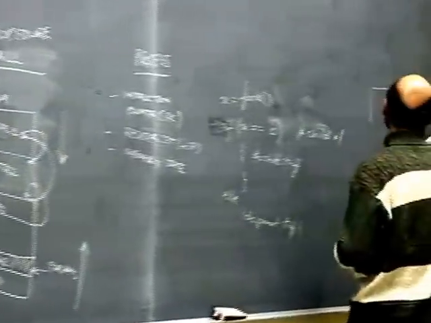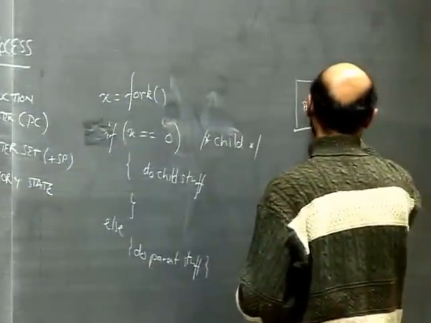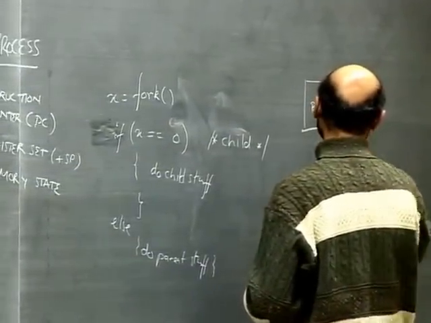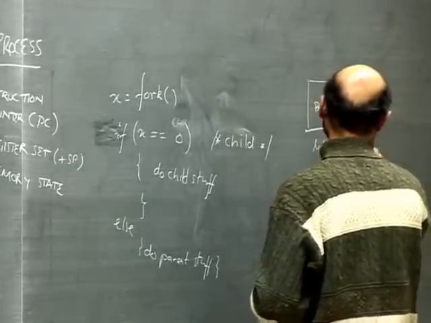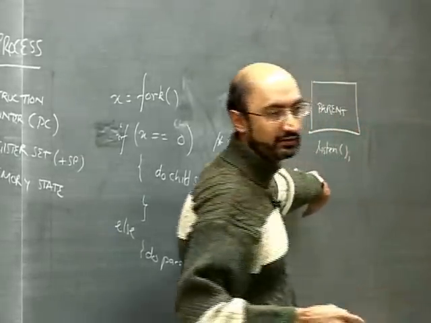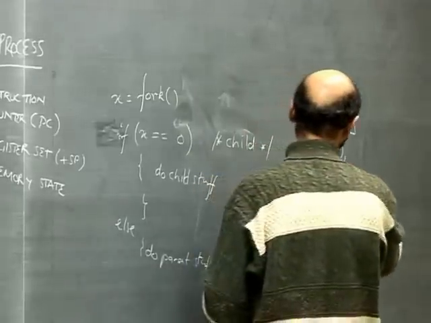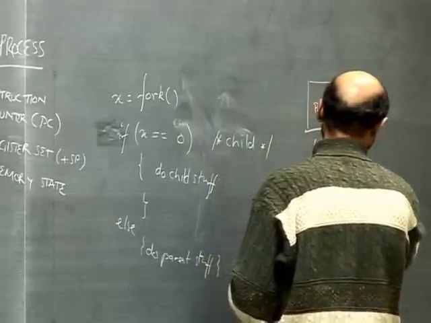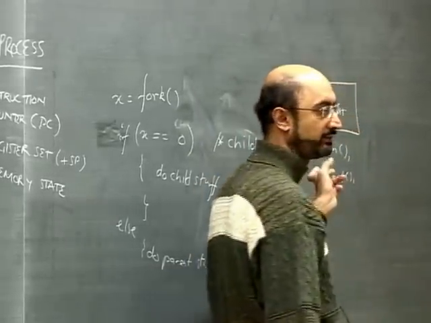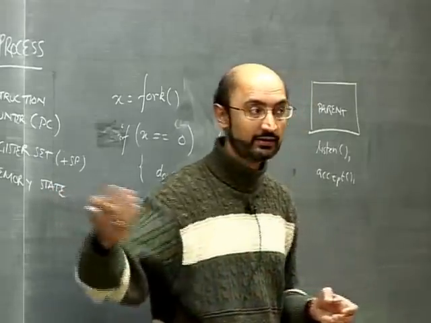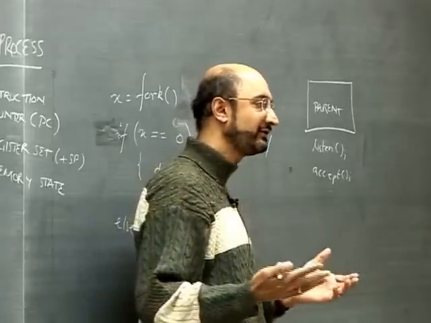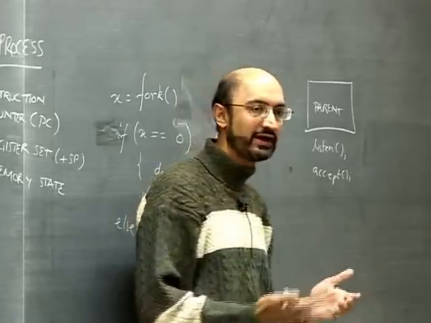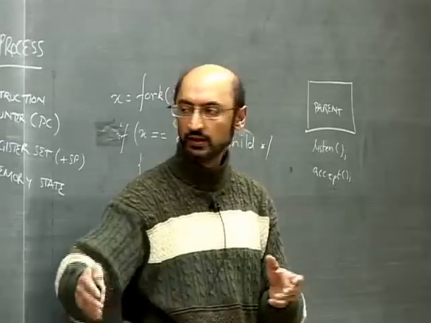You have the parent, and the parent is going to be basically listening. And when it gets out of listen, you know that it's got something ready, it accepts, because something has contacted it. Now what we want to do is we want all the state about the actual interaction with the client to be with the child.